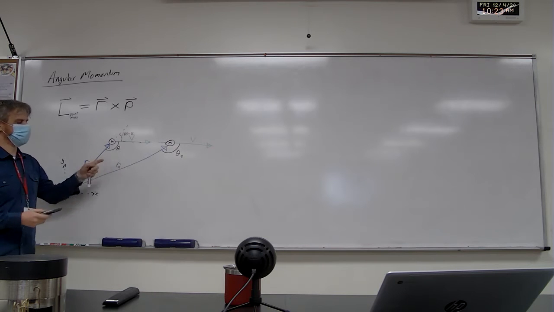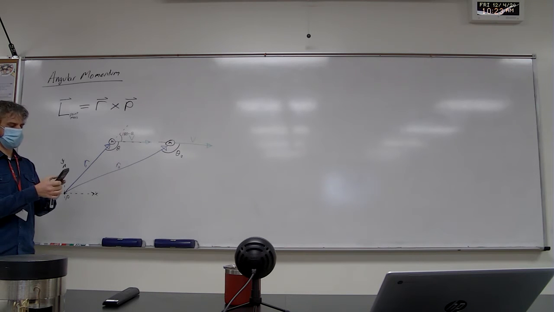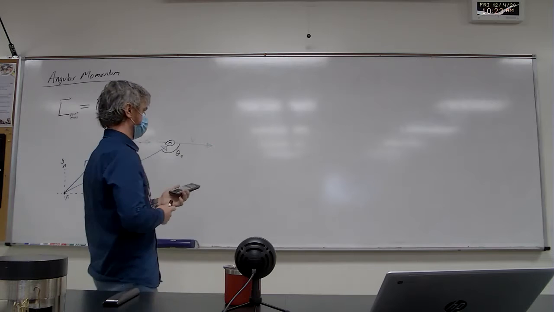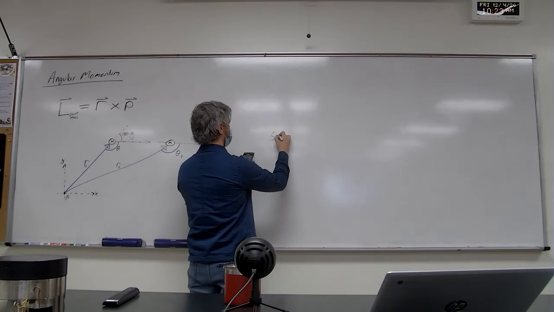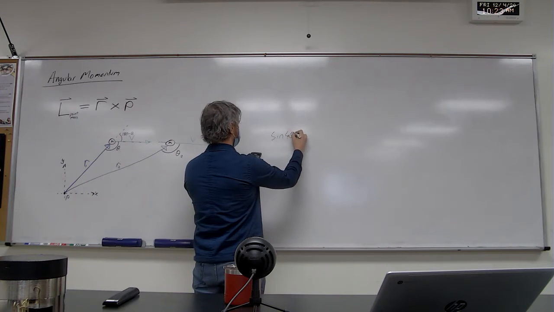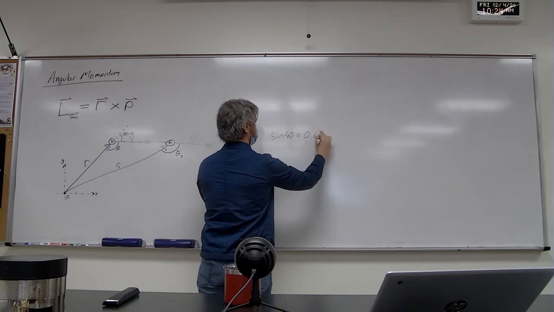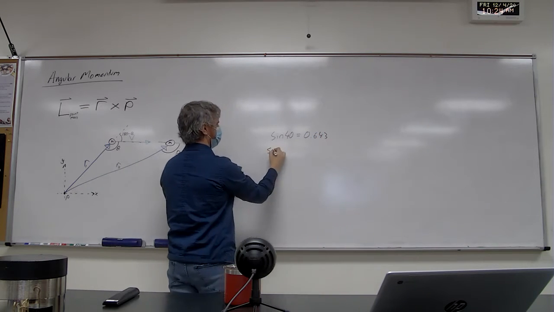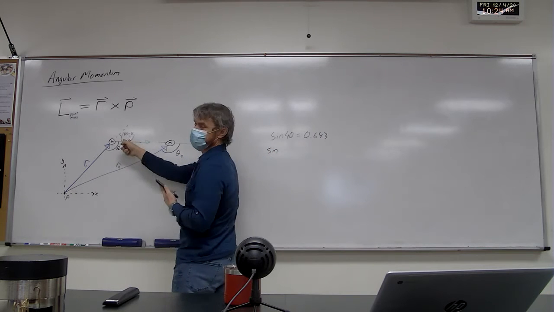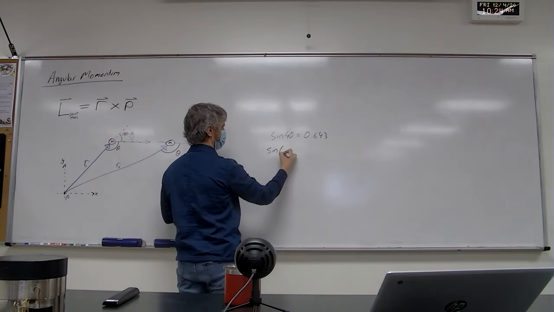Let's say that theta 1 is 40 degrees. The sine of 40 degrees, using my calculator, is 0.643. And then I want to do the sine of 180 minus that, the supplementary angle, which would be 140, right?